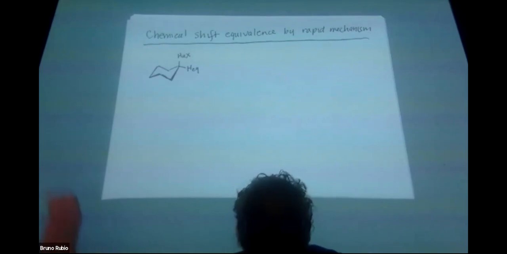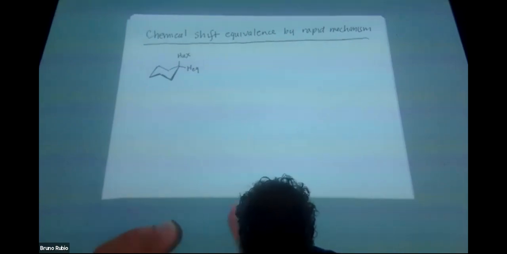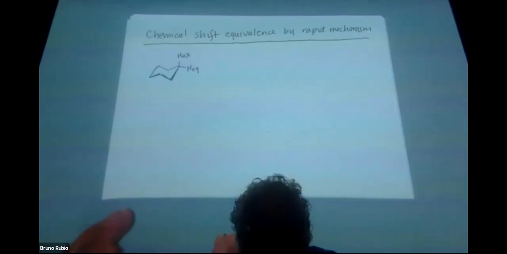But the axial protons and the equatorial protons are not equivalent to each other by symmetry. And of course they are not, because an axial proton is in a totally different chemical environment from an equatorial proton. An axial proton would be experiencing 1,3 diaxial interactions, whereas an equatorial proton would not. So we are predicting 2 signals from cyclohexane.